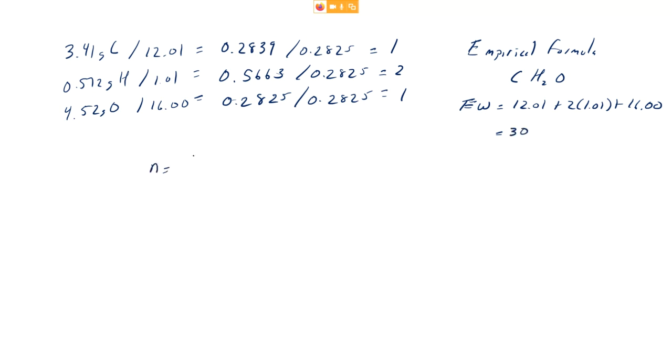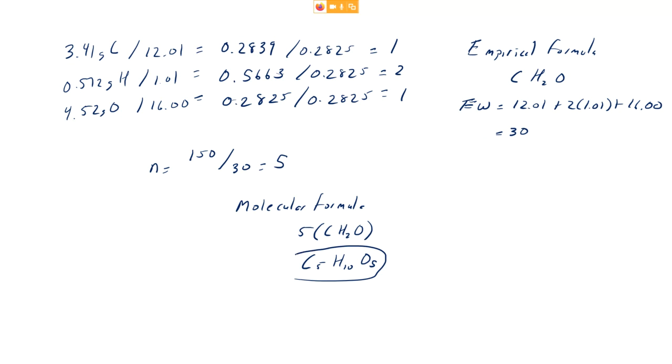So n is the 150 from the previous slide divided by 30, which equals 5. So that means my molecular formula is going to be 5 times CH2O, to give me C5H10O5. And that's my final answer.